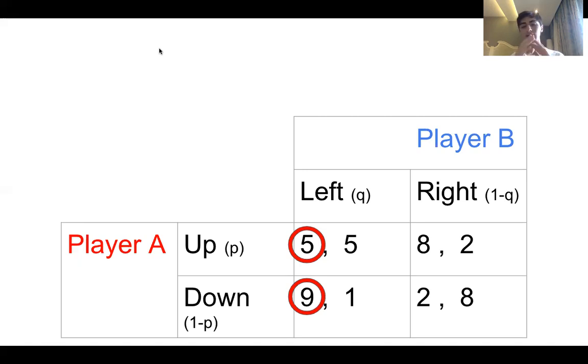Okay, so not an integer, but I guess the expression. Yes, it is at least 5, but what is the expression to write the expected value of player A given player B going left?